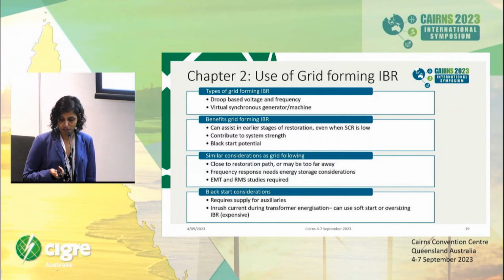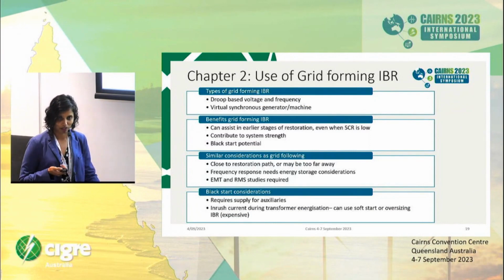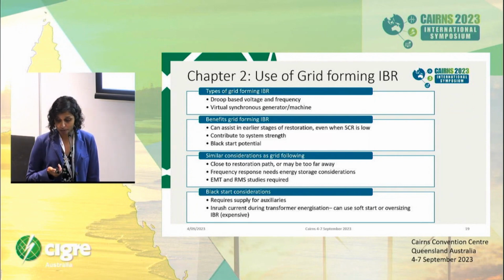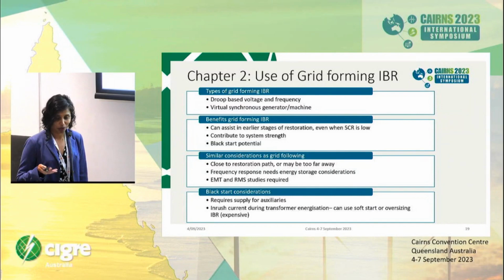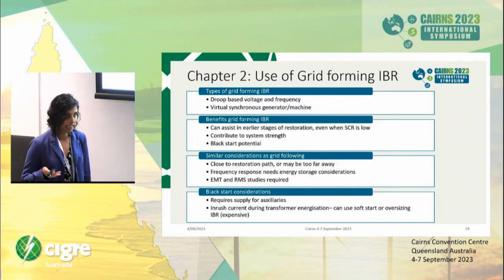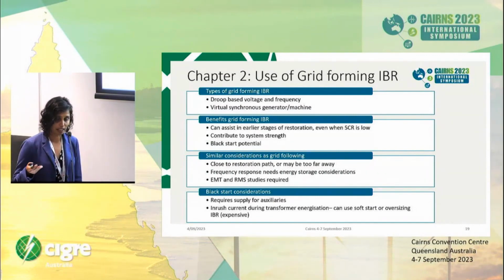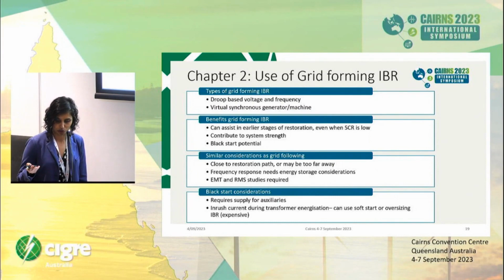In terms of grid forming IBR, there are different forms. Babak sort of touched on some of that. They have benefits over grid following in that they can operate even at low SCRs, can assist in earlier stages of restoration, and can contribute to system strength. There's also the potential for them to be used as a black start source.